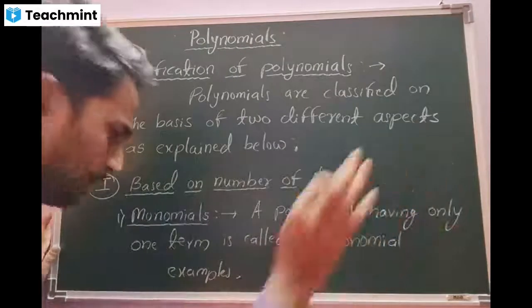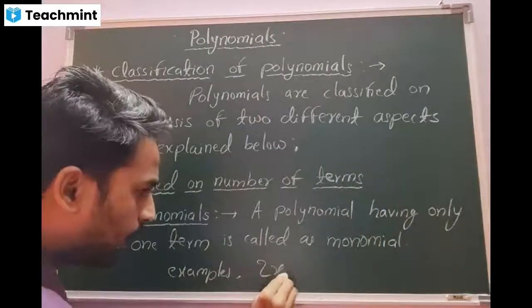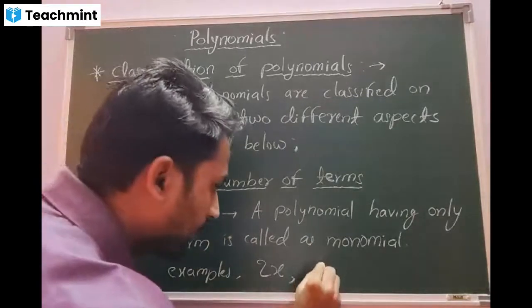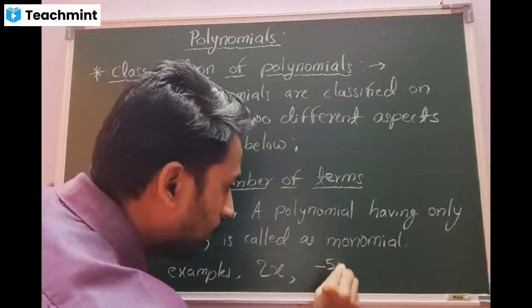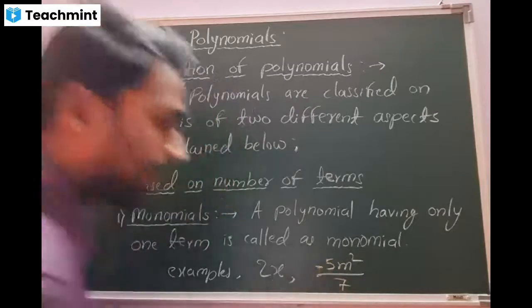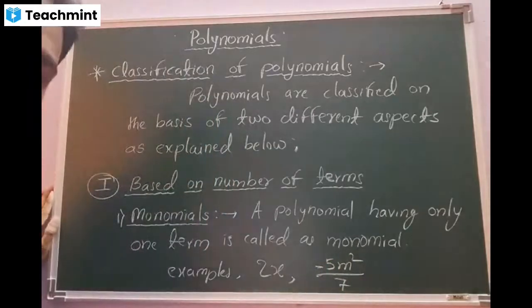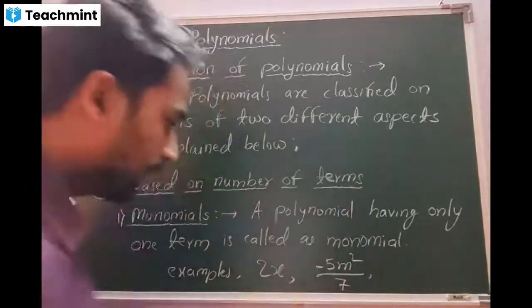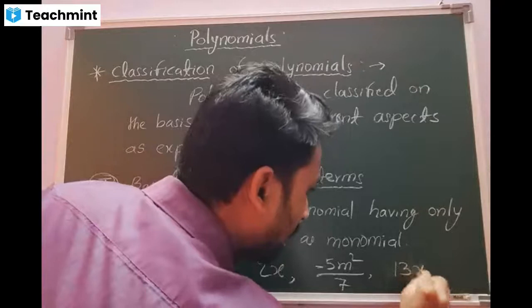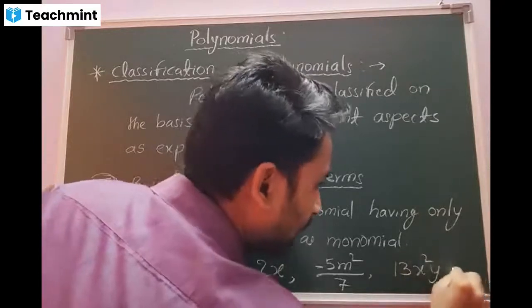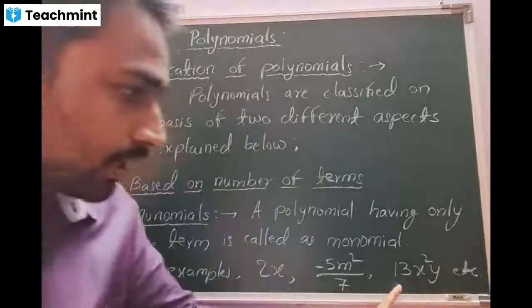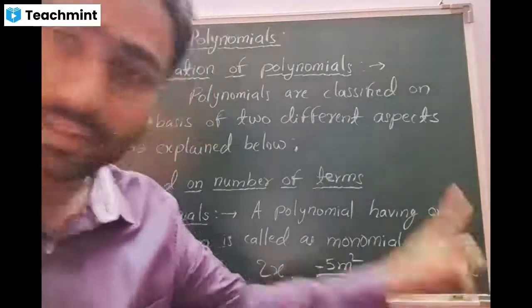Number one, very simple, 2x. Next, minus 5m square divided by 7. Minus 5m square divided by 7. Let me write one more: 13 x square y, etc.